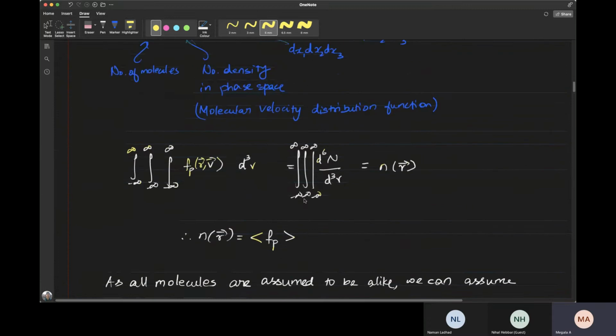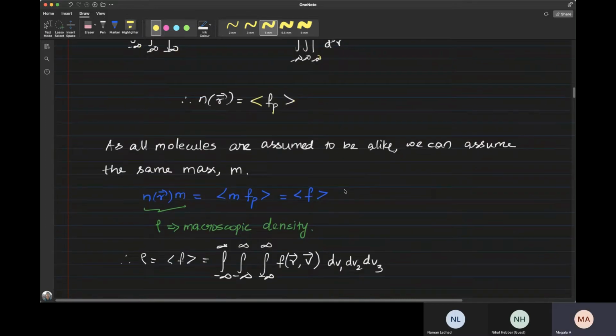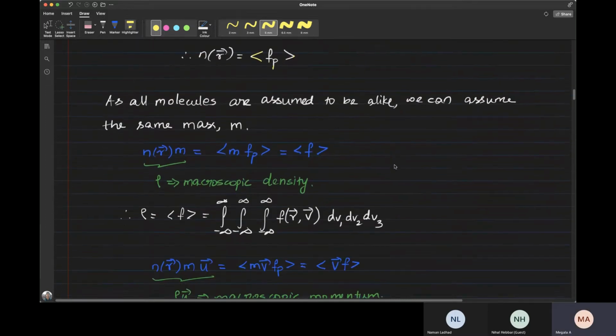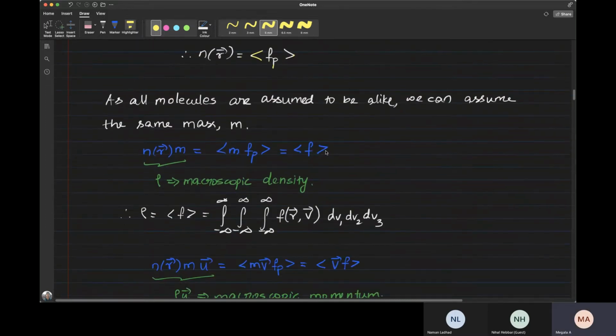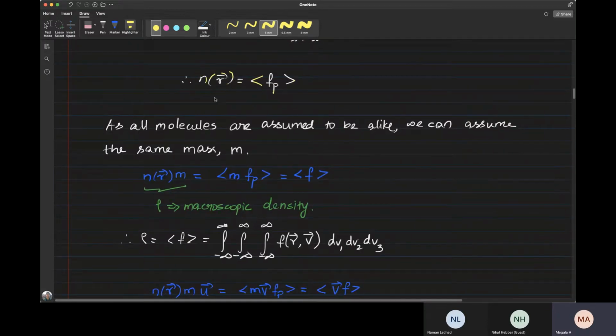So from this, let us now obtain the macroscopic variables rho, rho u vector, and rho e. We know that all molecules are assumed to be alike, so we can assume the same mass for all of them. To the number density in physical space, let us now multiply mass. That becomes n of r vector into m.